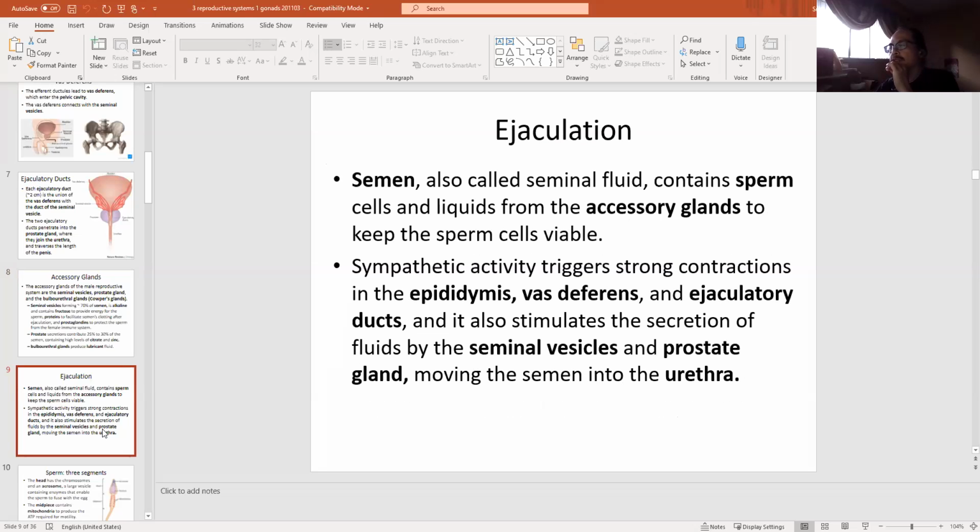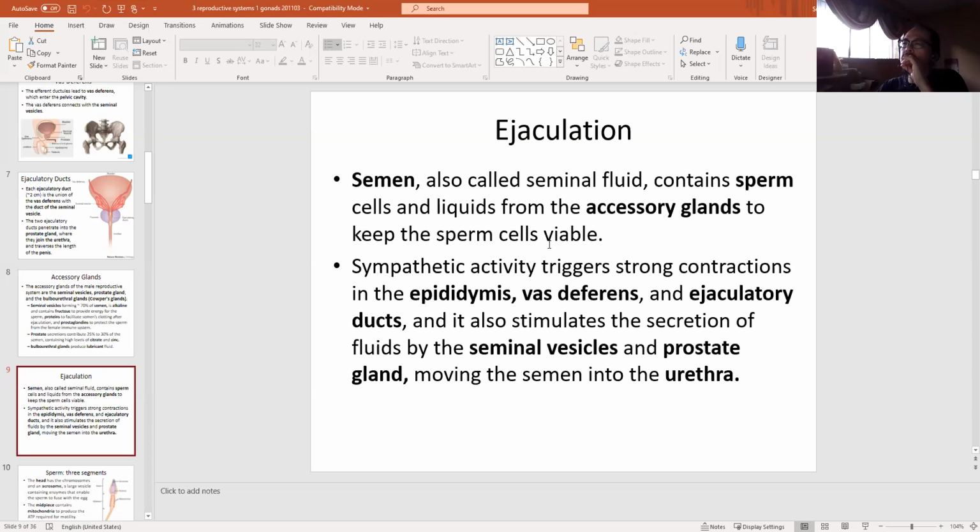And we have ejaculation. Semen includes the sperm and the fluids from the accessory glands. During ejaculation, a sympathetic reaction acts on the smooth muscle and causes the ejection.